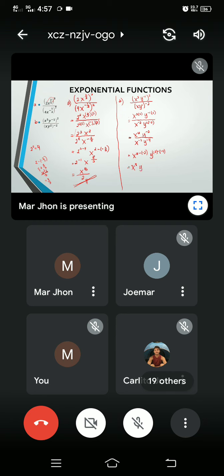And y: negative 2 plus 4 is positive 2. So we have x to the power of 8 and y to the power of 2. That is our answer.